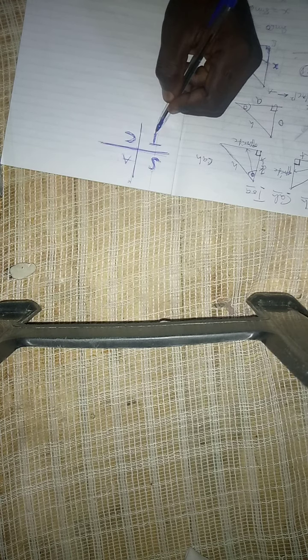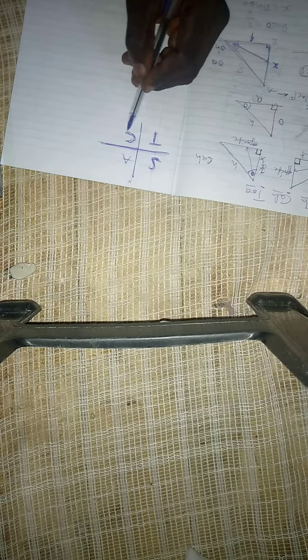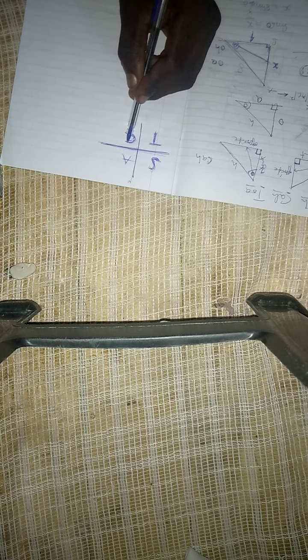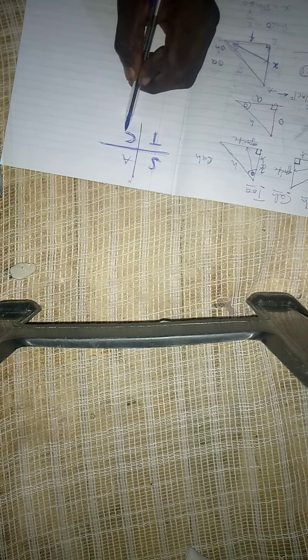If tan is only positive here, then sine and cos will be negative here. If only cos is positive here, then sine and tan will be negative here. So this is how we do it.